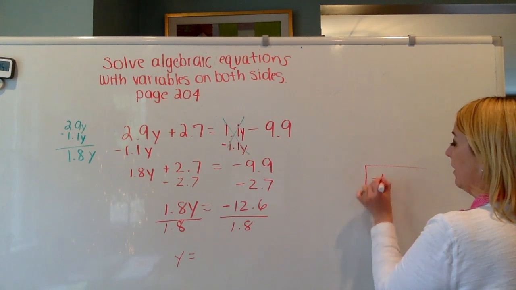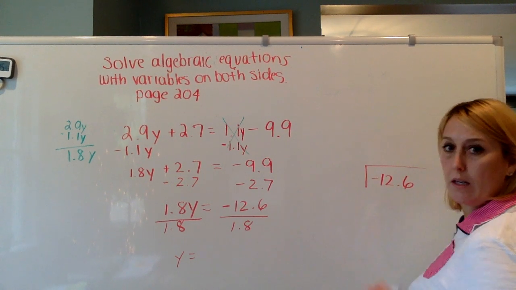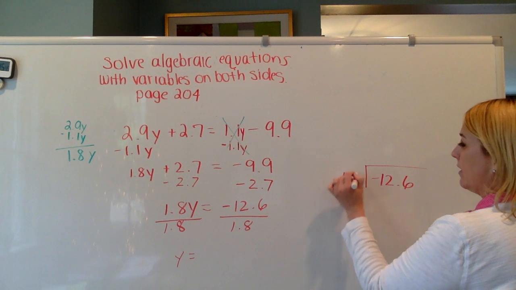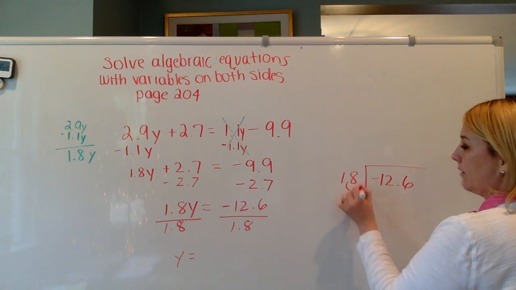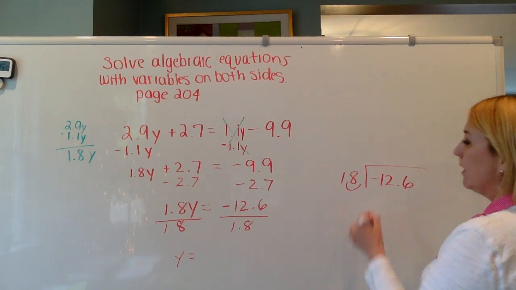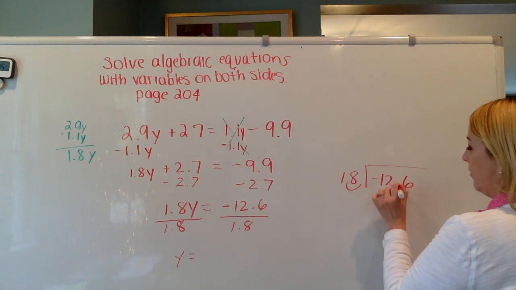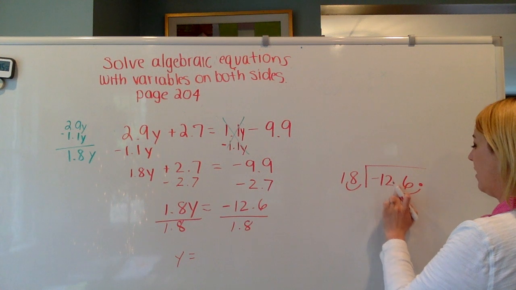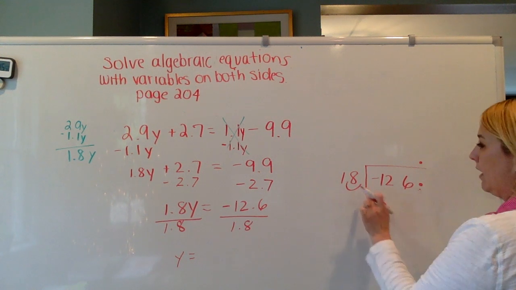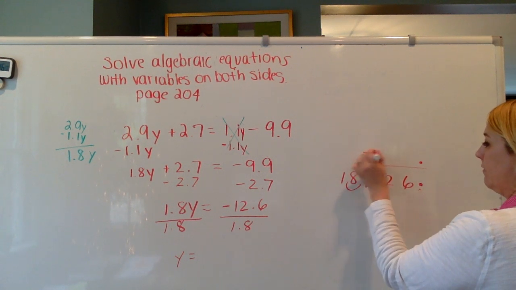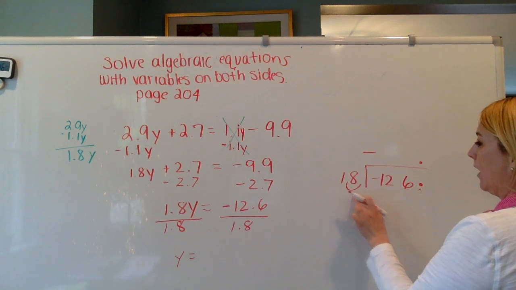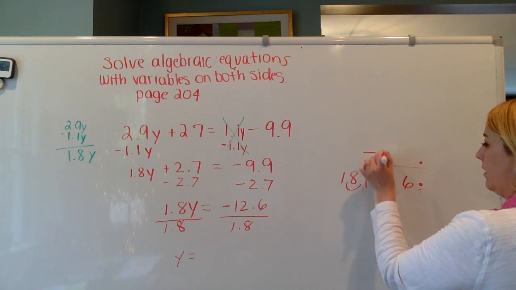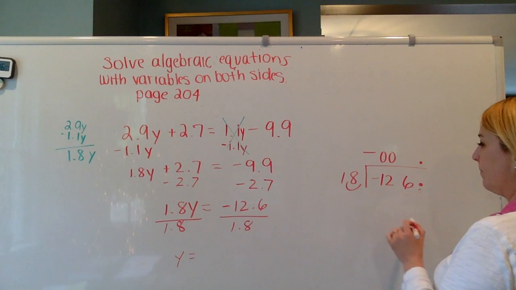So negative 12.6 divided by 1.8. And of course, we want to make this like an integer, a whole number. So we multiply it by 10, but if we do the same thing, we've got to do that on the inside. So now our decimal point goes there. Negative divided by a positive is going to be a negative. 18 does not go into 1. It does not go into 12.